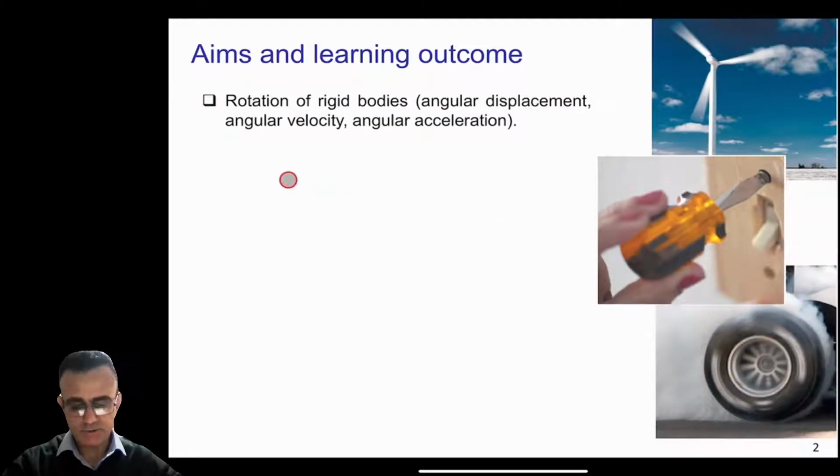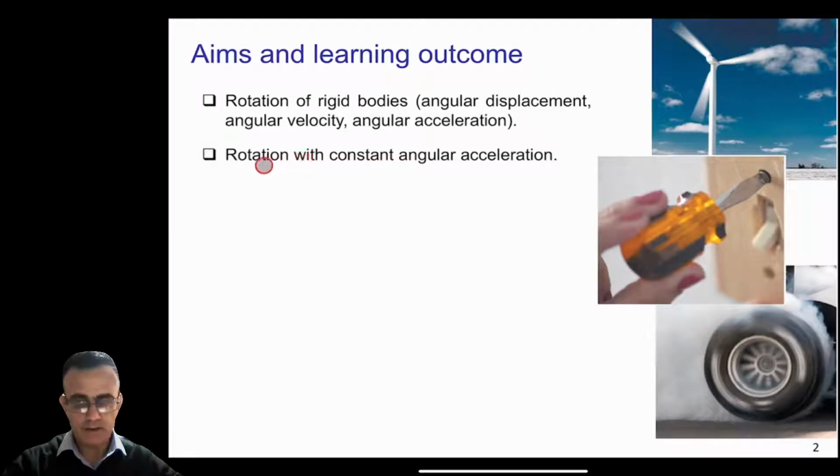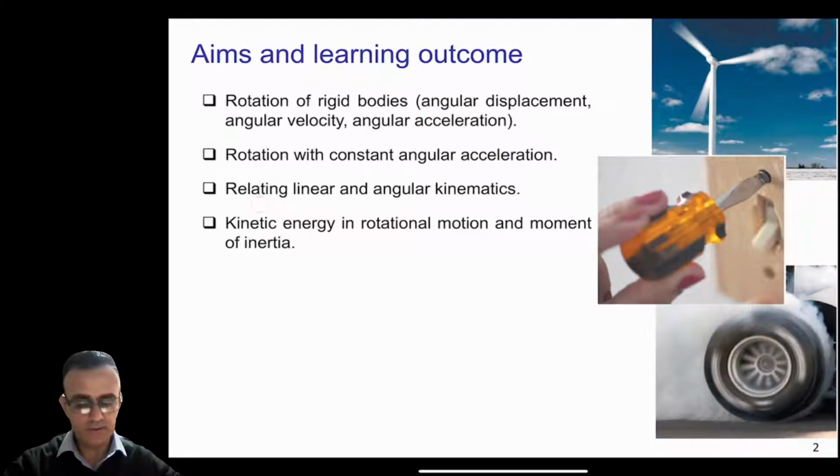Okay, so in this part of the lecture, we will discuss the rotation of rigid bodies, and then we will discuss angular displacement, angular velocity, and angular acceleration. And then, similar to the constant acceleration equations in linear motion, we will also discuss rotation with constant angular acceleration. And we will also discuss relating linear and angular kinematics.